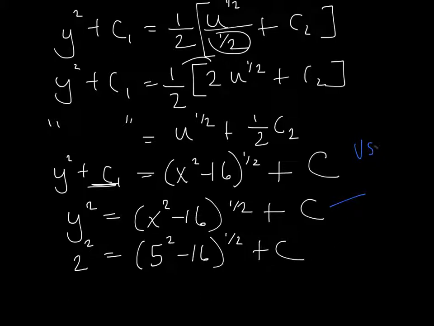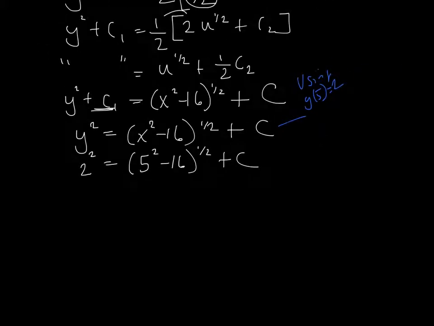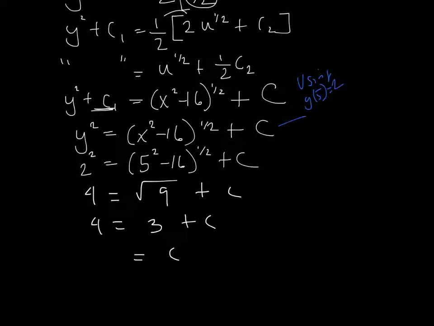Here I'm using y of 5 equals 2. If we simplify this, 4 equals 25 minus 16, which is 9, plus c, and then of course 4 equals 3 plus c, so c is 1.